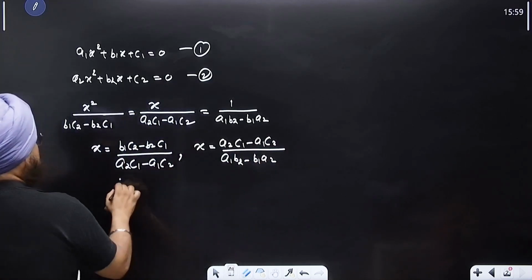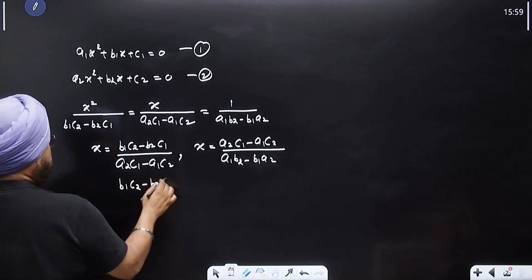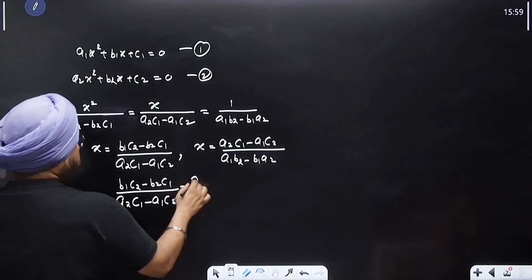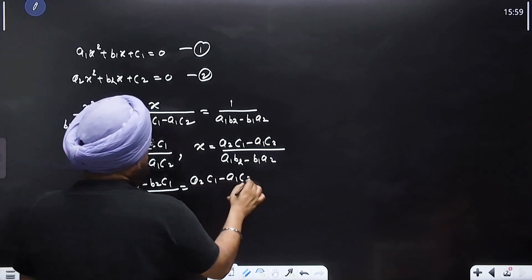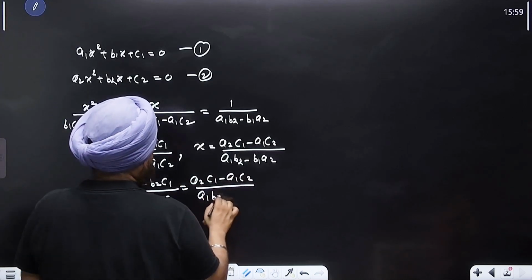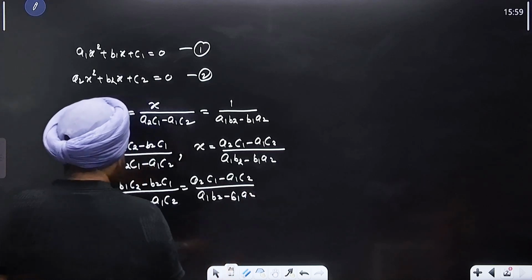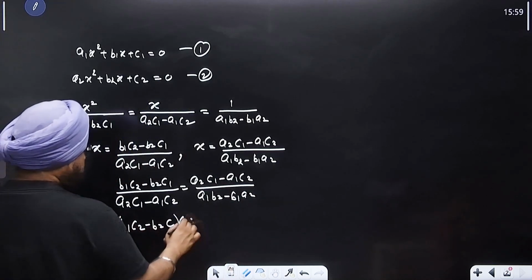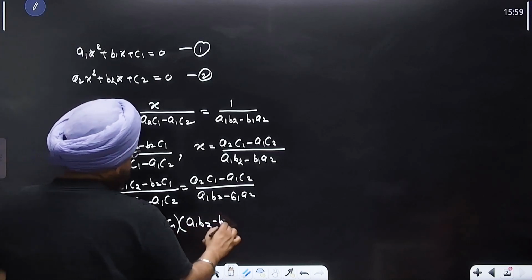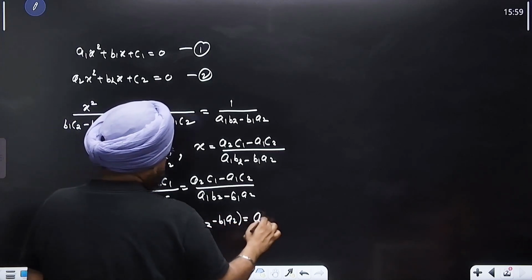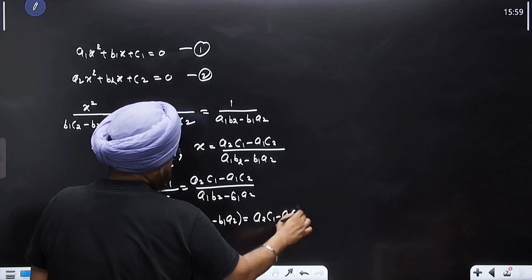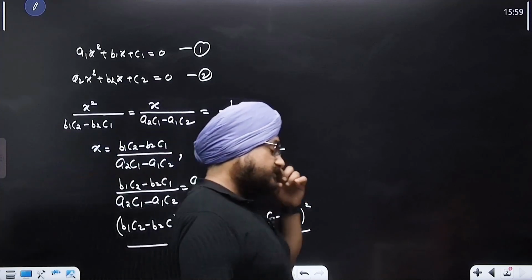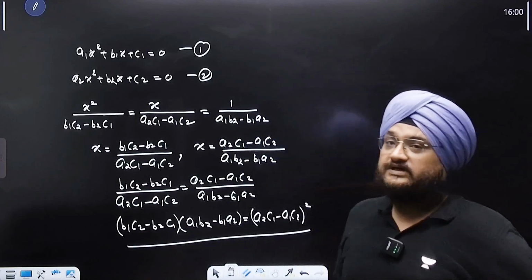If I equate both the values of x, this is the condition we get from the cross multiplication method of solving two simultaneous equations.